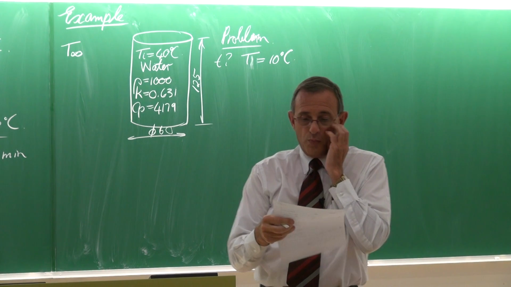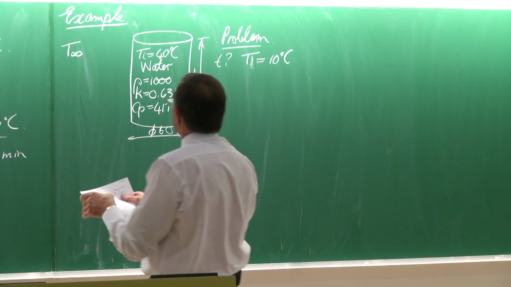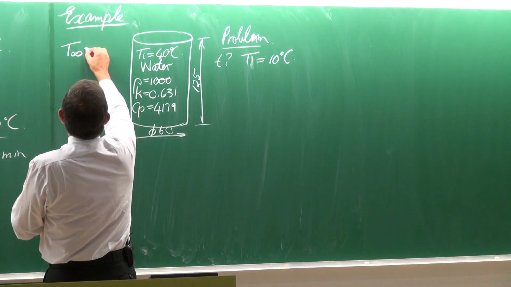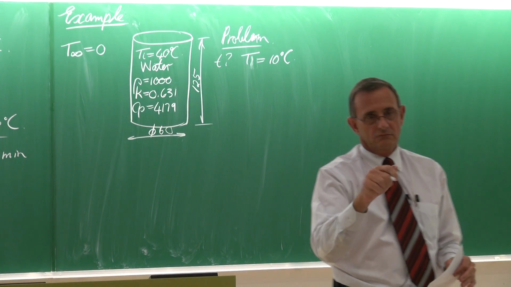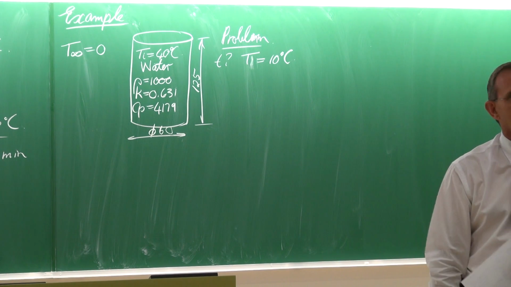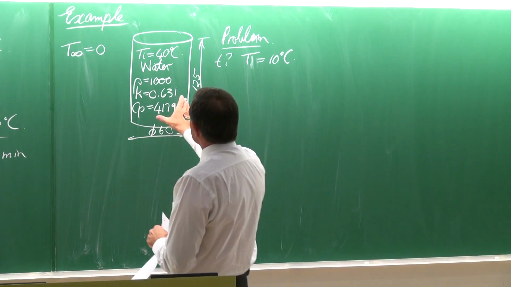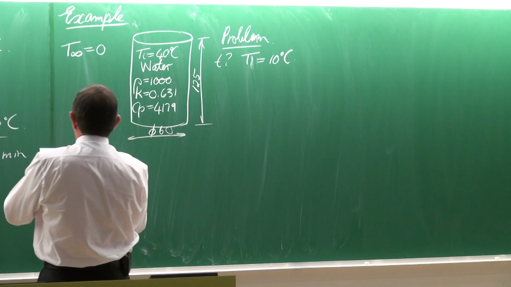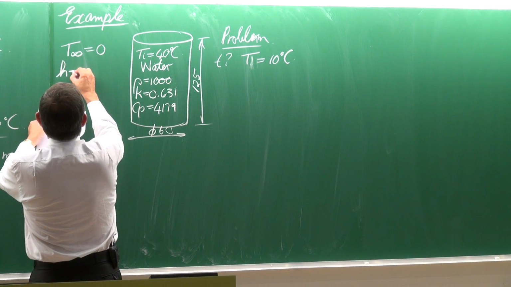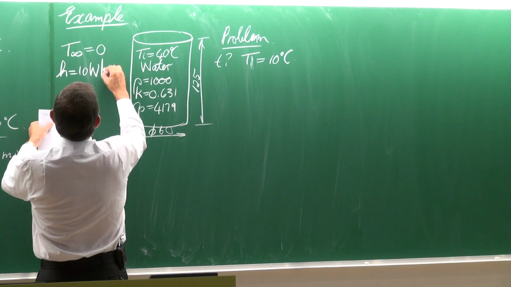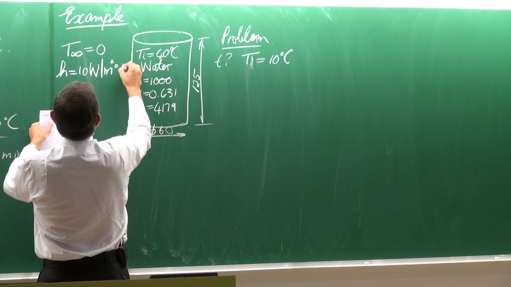One option would of course be to put it in the freezer. Freezers are normally about 3 to 5 degrees Celsius, but you can turn it down a little and get it to about 0 degrees Celsius. So let's put this can of beer in a freezer where the temperature is 0 and the heat transfer coefficient is equal to 10 watts per square meter degree Celsius.